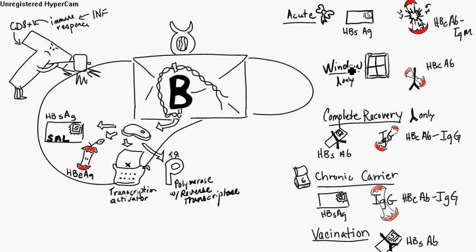Now, a window phase is before it has completely gone through its whole process. So the window phase is antibodies only. You're going to find an antibody to the core antigen, or the HBc antibody. So they've got the core antibody. That's the only thing you're going to find right now.